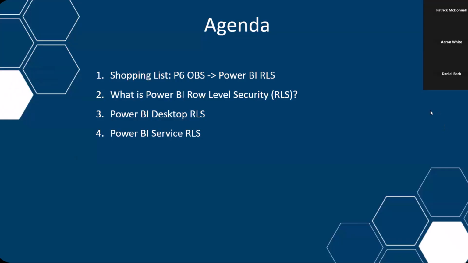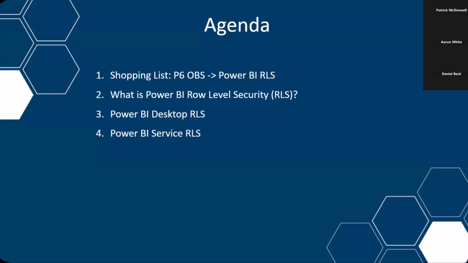Let's just move on and talk about the agenda for this webinar. So basically, we're going to cover four things. The first one is the shopping list and what we need to actually do our row level security from P6's OBS into Power BI's RLS. After that, we're going to talk a little bit about what Power BI row level security really is from a high level, end to end, what it looks like.